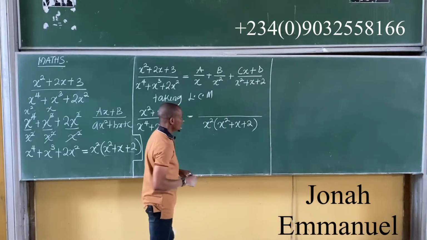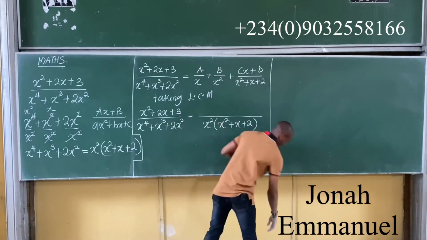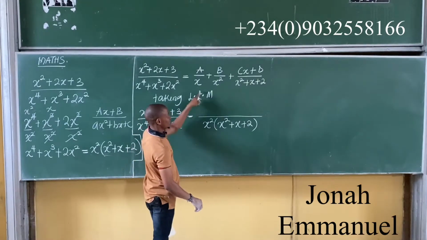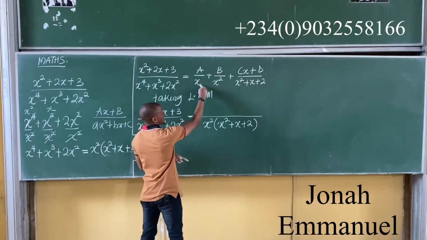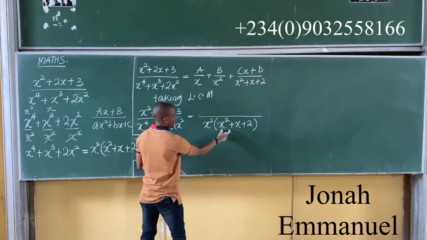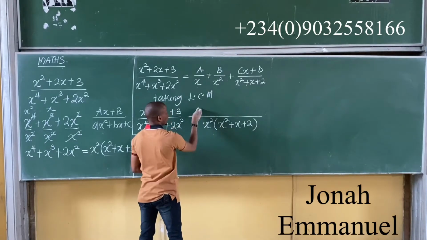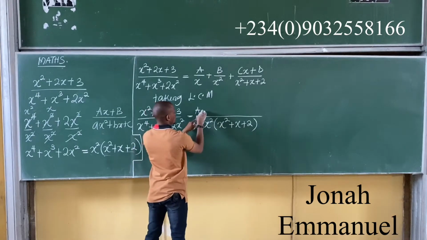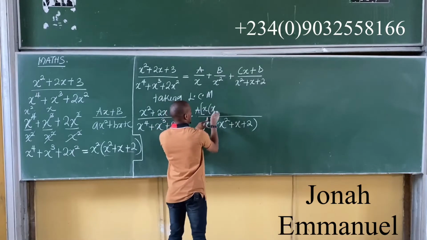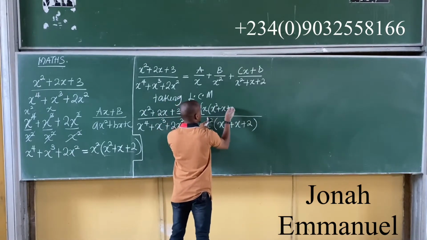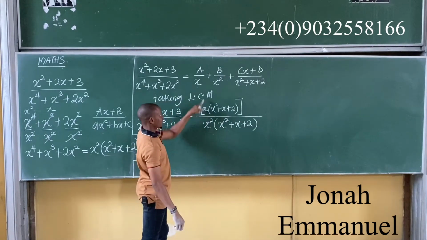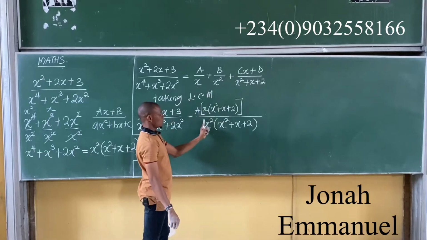Alright, for spacing, let me clean this stuff here. Look at it. If I divide this with this, 1x will cancel 1x here. So I'm left with x and this. Use to multiply a becomes a into x into x squared plus x plus 2. Divide this by this. 1x will cancel 1x here.